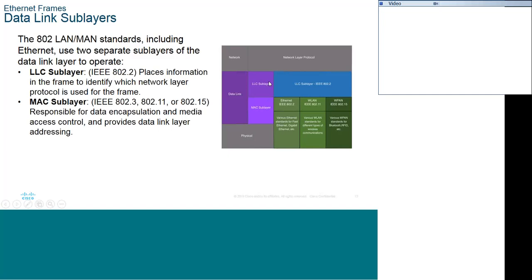The first one helps manage how this information goes through the lower layer. LLC places information in the frame to identify which network layer protocol of the upper layer is used for the frame. The protocol data unit here is called a frame, here it is a packet.